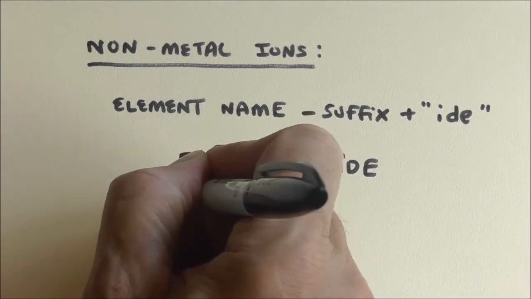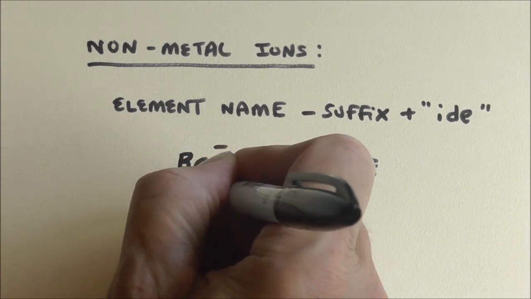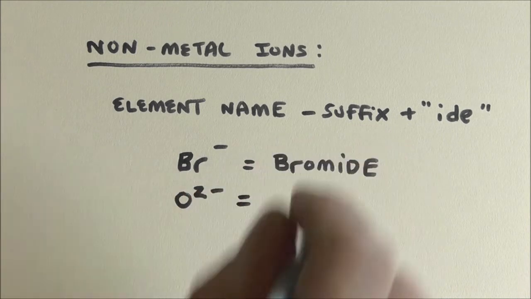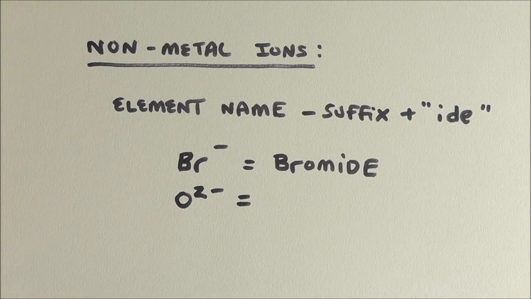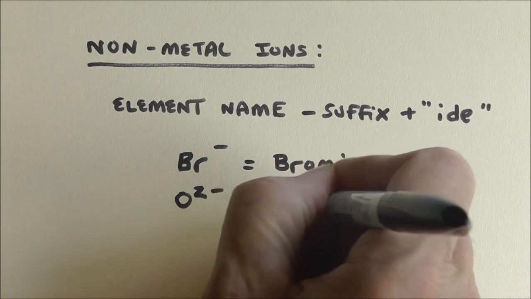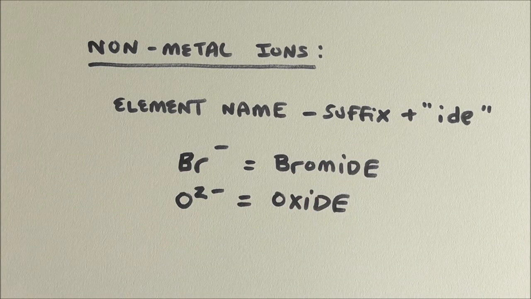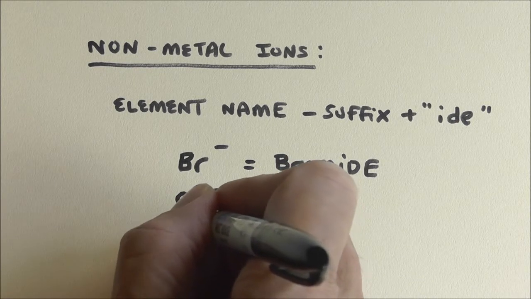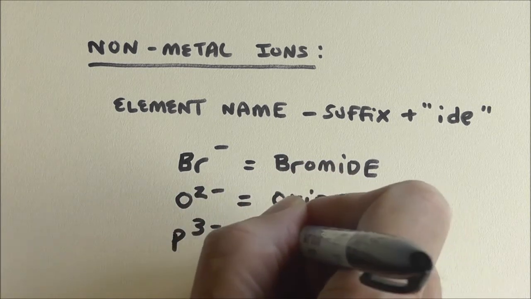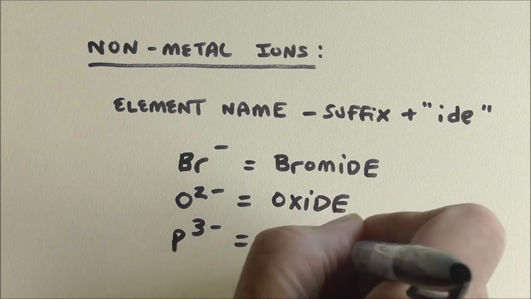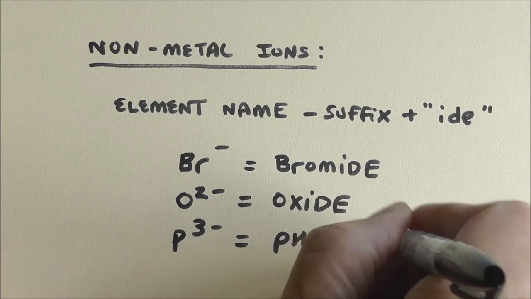So if we were to go and say O2-. How did I know it was 2-? It's in group 6. 6 minus 8. This is oxide. Right? And then you'd have sulfide. And if you had P3-, that would be phosphide.